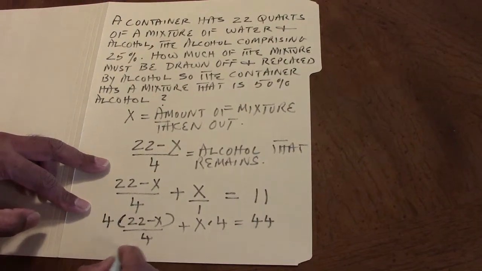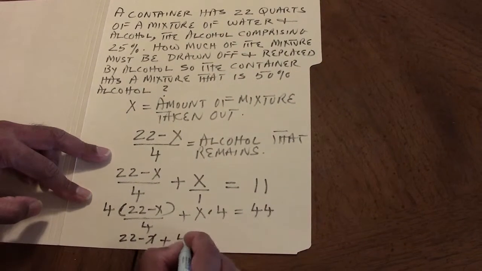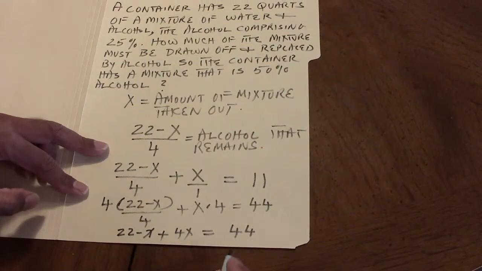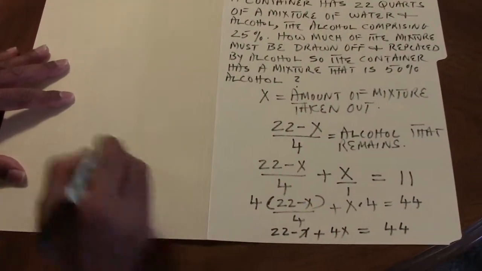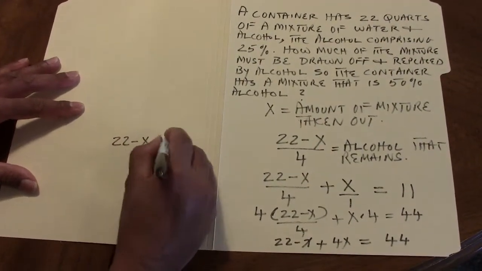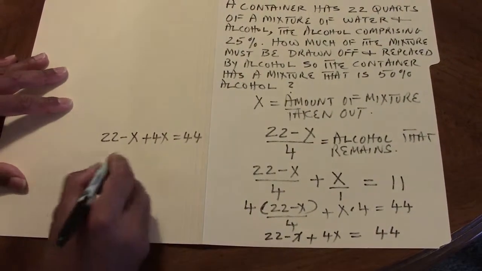The 4 cancels. 22 minus X plus 4X equals 44.